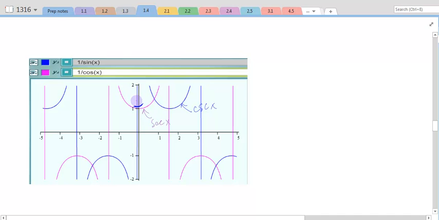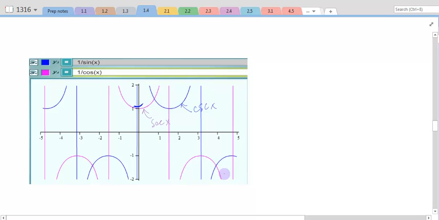So notice that the range, the possible y values, are going to dip down to positive 1 and go back up to infinity, or they're going to come up and hit negative 1 and go back down. As my function moves along, it just alternates like that for both cosecant and secant.